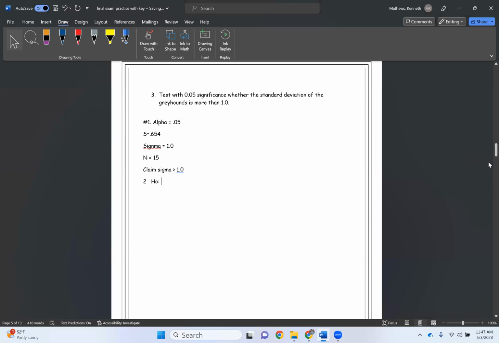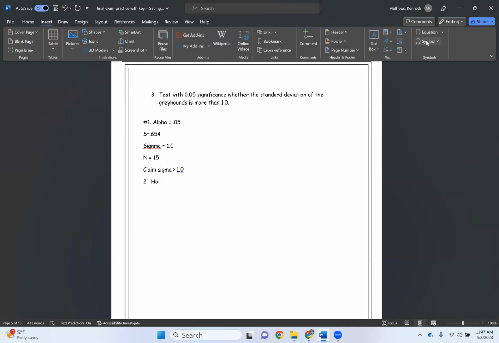All right, so we're ready to do our null hypothesis. I'm going to go over here because I like to do it right. Sigma is greater than 1.0. No, equals the null hypothesis. Oh my gosh, I did it again. Okay.